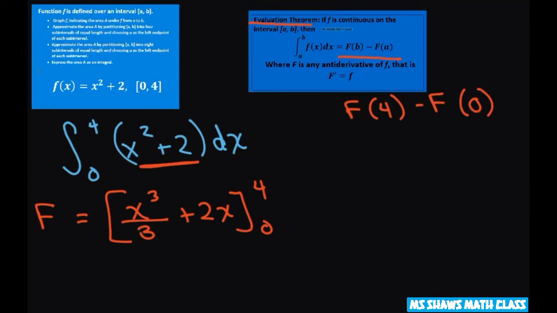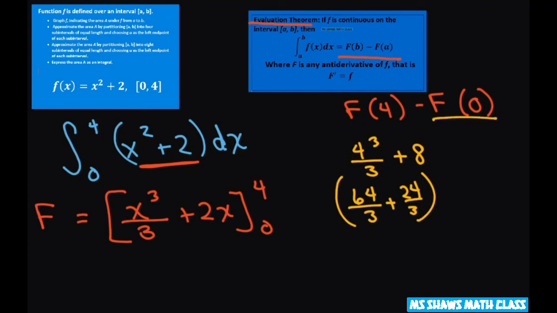So when you plug that in, you're going to get 4 cubed, which is 64. Let's just write it out the long way. So it's going to be 4 cubed divided by 3 plus 4 times 2 is 8. So this is 64 divided by 3 plus, if I want a 3 here, this is going to have to be 24 for that piece.